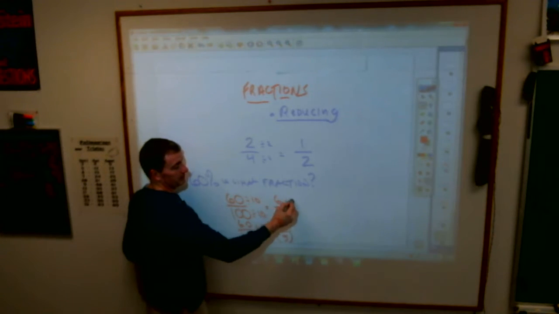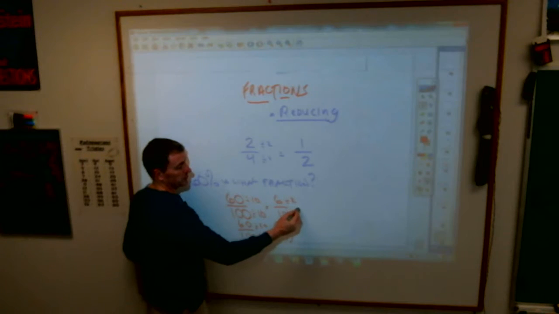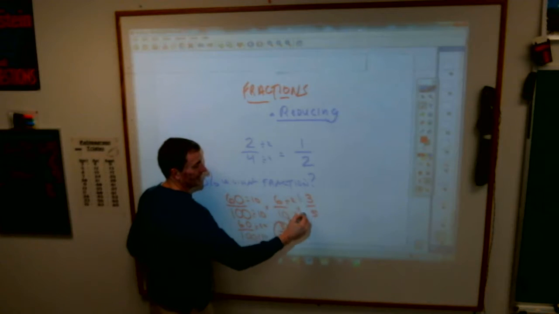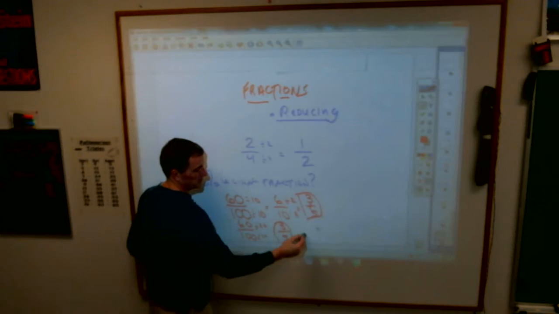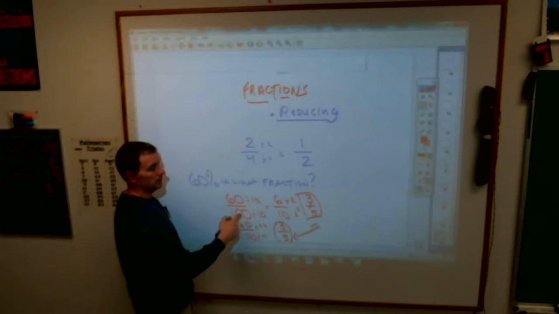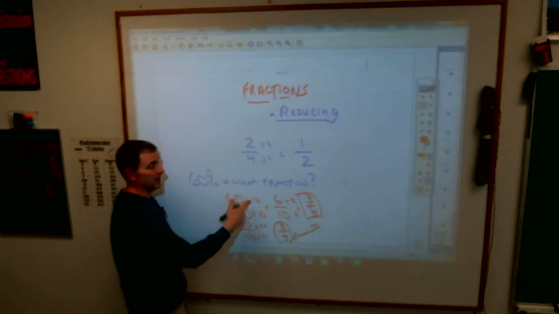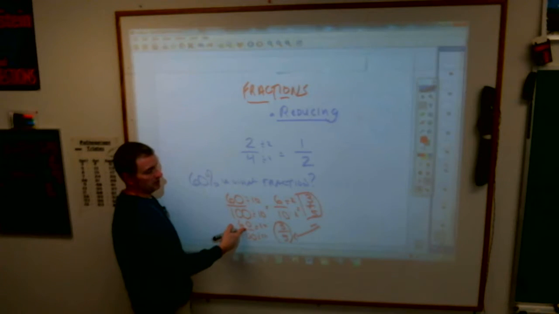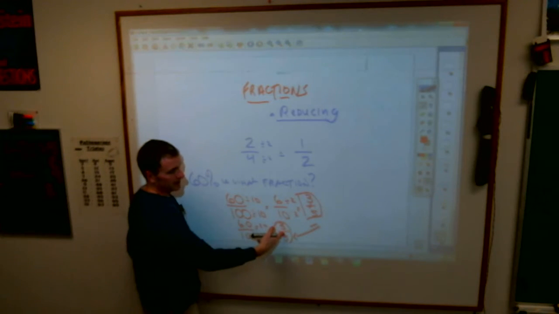Then you'd have to divide them both again by 2, because 2 goes into both of them and get 3/5. You will still get the right answer, it's just that it's going to take you one more step. If you don't pick the biggest number right off the bat, you're gonna have to reduce again. If you do like Jacob said and pick the biggest number, then it only takes one to get there.